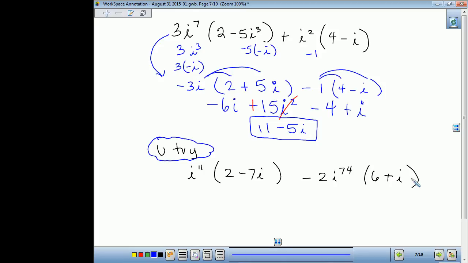Are you guys getting the 11? No? What'd you get? Negative 1. Did you get positive five or negative five? That's not what I got.